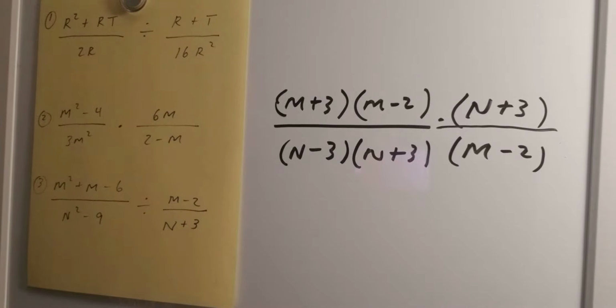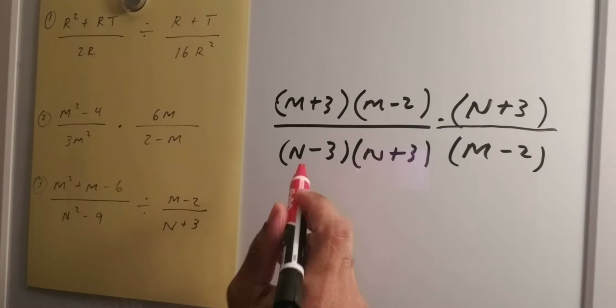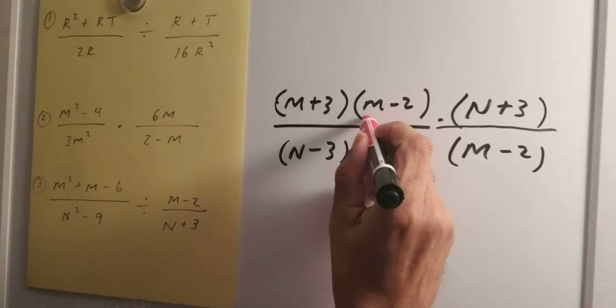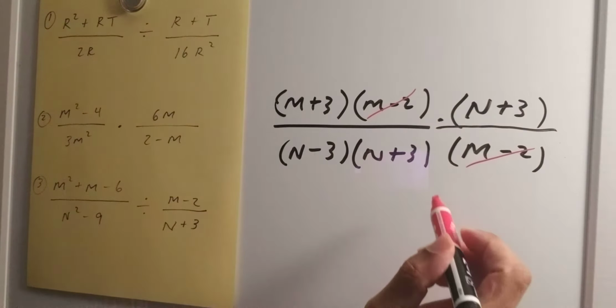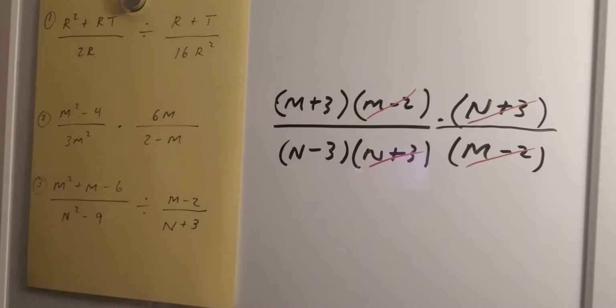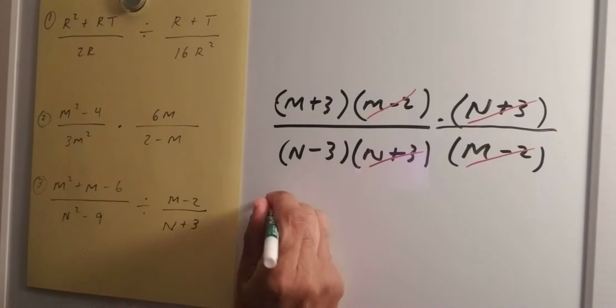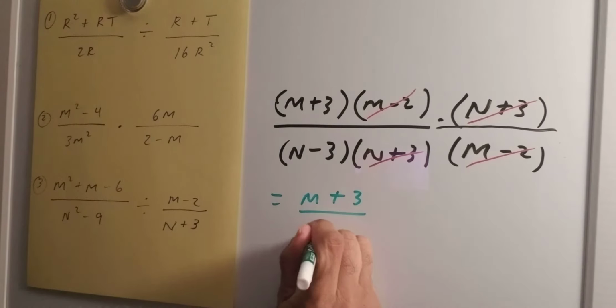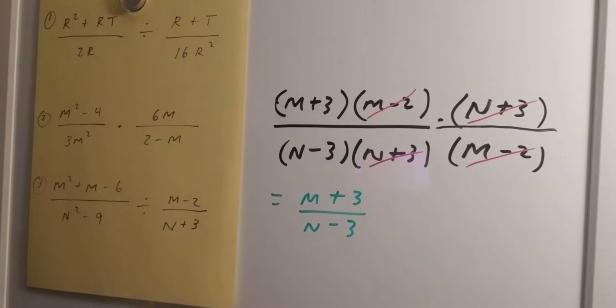And let's cancel common factors. It's none for m plus 3. M minus 2 will cancel m minus 2. N plus 3 will cancel n plus 3. Simplified result is m plus 3 in the numerator and n minus 3 in the denominator.